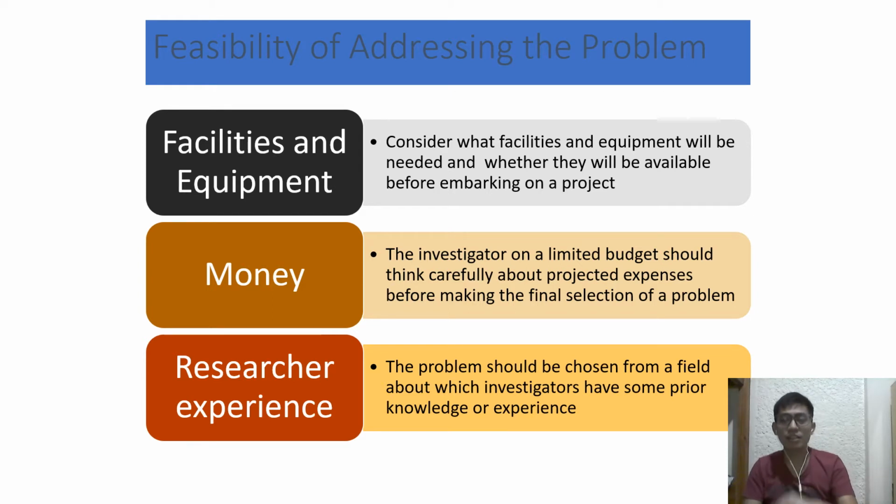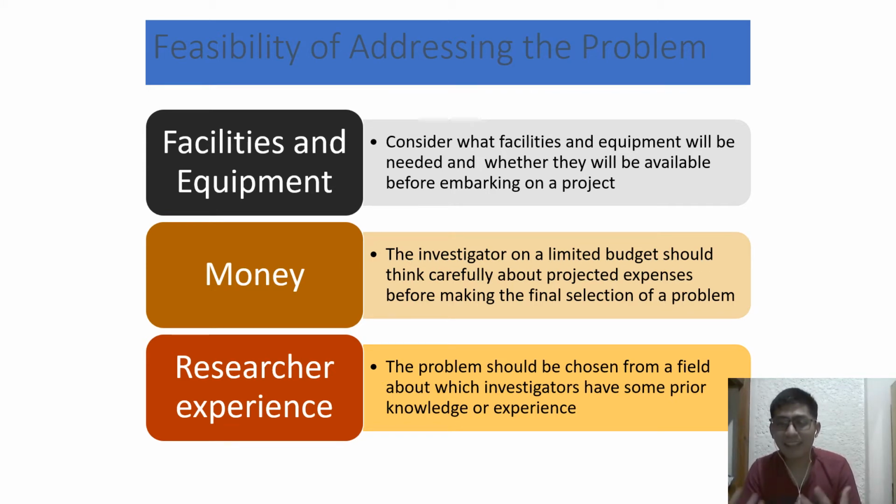For facilities and equipment, if it's qualitative, you should have a recorder, cam recorder, or video recorder. In quantitative research, some studies are so complex that they need the expertise of a system or software to further analyze your data.